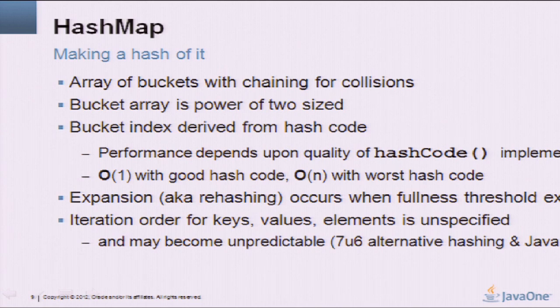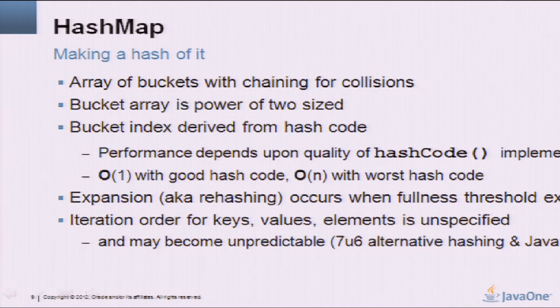if the order of iteration changes either because the implementation of HashMap changed or because the table expanded at some unexpected time, let's say you had a table that for the last 10 years had 5 elements in it, and you were very used to those elements iterating out of that hash map in a particular order, and you add a 6th element, and all of a sudden the hash table's re-indexed, well, they now come out in a different order.